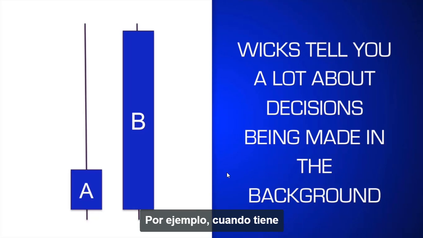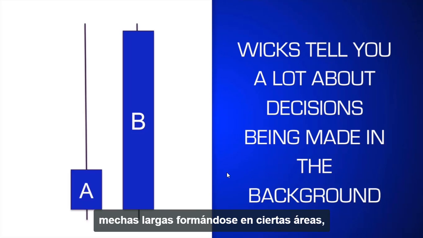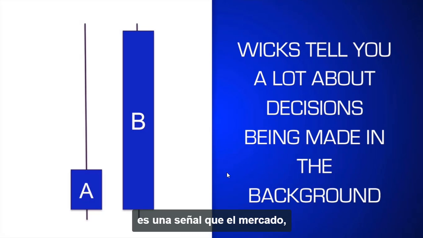For instance, when you have long wicks forming in certain areas, it is a sign that the market, and when I say the market, I'm talking about all those candlesticks on your chart right now. You see all those candlesticks that are forming. Some of them overall are going up, and some of them overall are going down. But what I'm saying is, when you see wicks in certain areas, it's telling you that the market may not want to move much higher, may not want to go up higher.